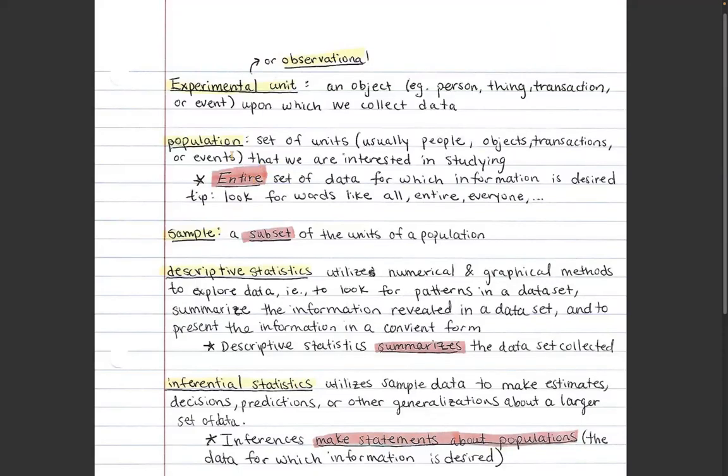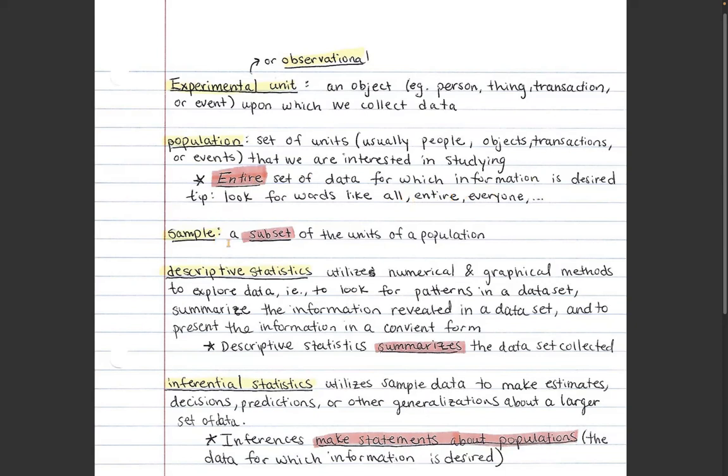And here for population, the entire set of data for which information is desired. A tip for this is to look for keywords like all or entire or everyone, and we'll see some examples later on in this video.